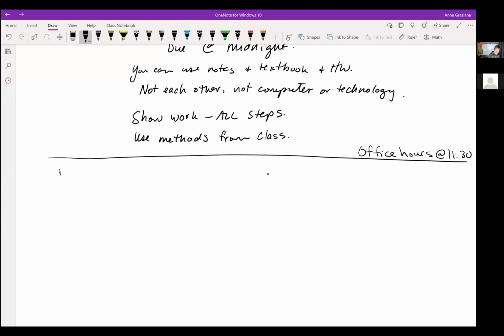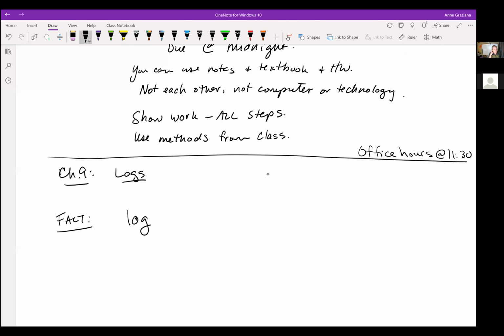All right, so chapter 9 is we're talking about log functions. And yesterday we talked about the definition of a log function.